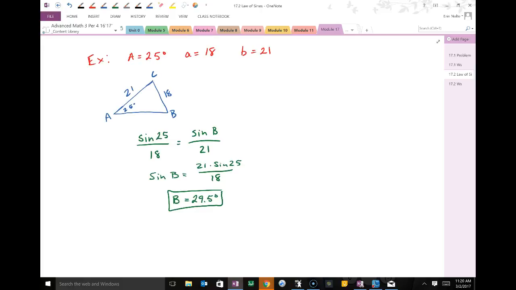Now what would you do? How would you find C? Okay, good. So we got two angles. So we're going to do 180 minus 25 minus 29.5. What did you get for C? 125.5 degrees. Now how do I find side C?